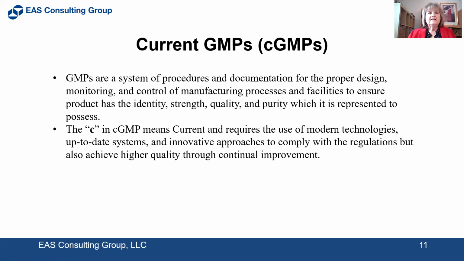The small c in CGMP means current, and it requires that you use modern technologies, up-to-date systems, and innovative approaches to comply with the regulations. There's always an expectation of continual improvement that we need to participate in. Your system could have been perfect 10 years ago, it would be behind now.